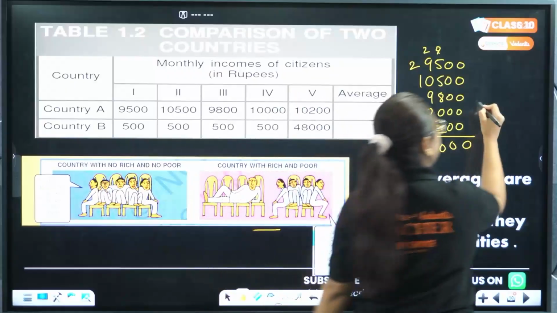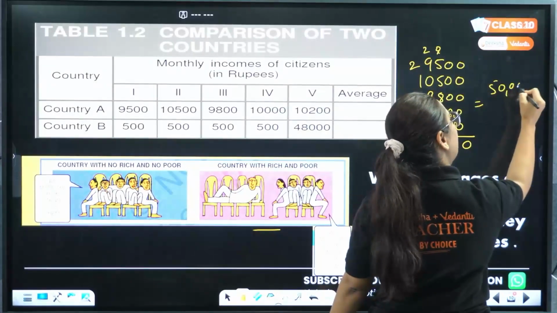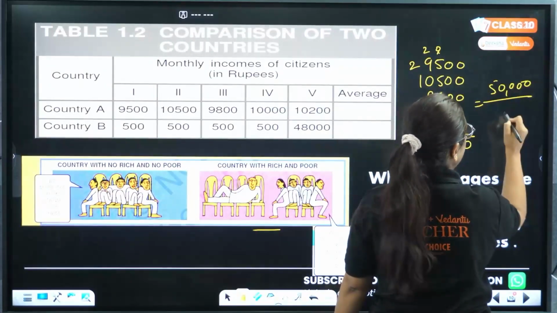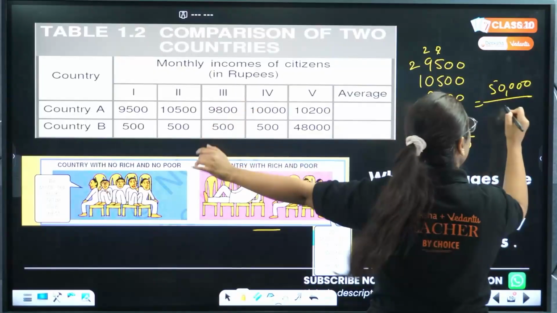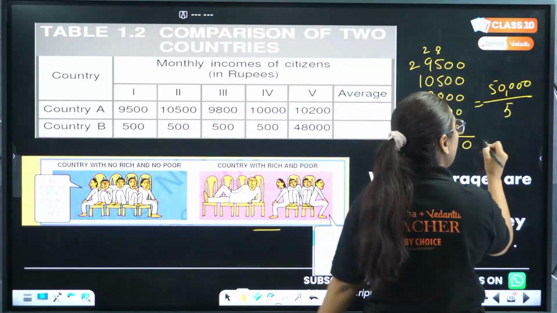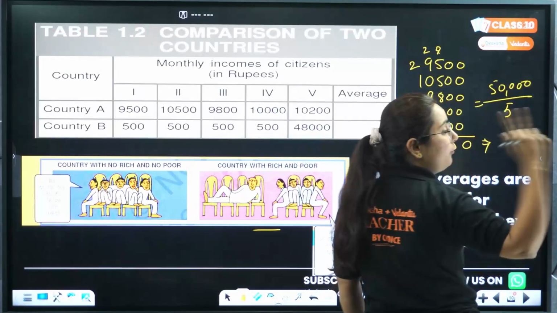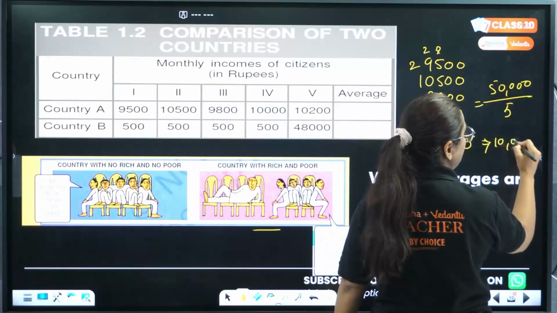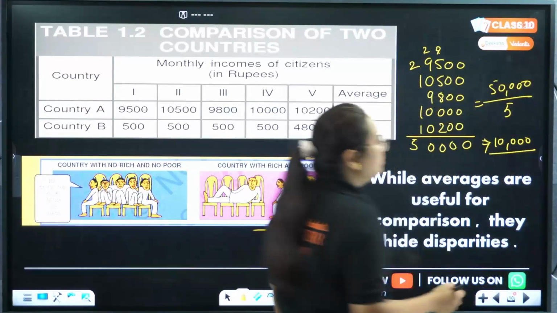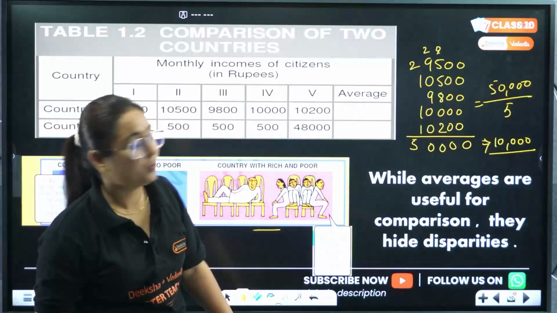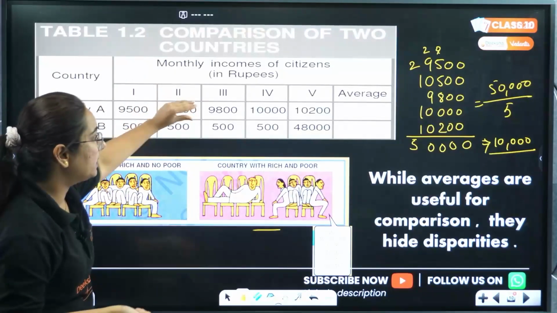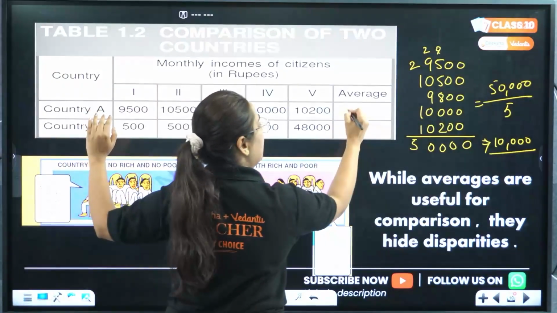If we divide this total income by the total population, which is 5, what will be the average income of one person? It will be 10,000 rupees. Each citizen here averages 10,000 rupees.